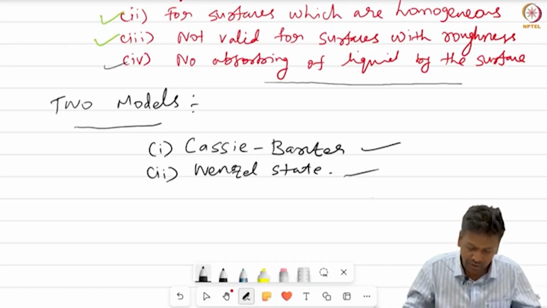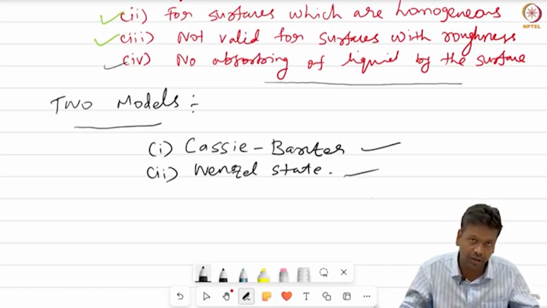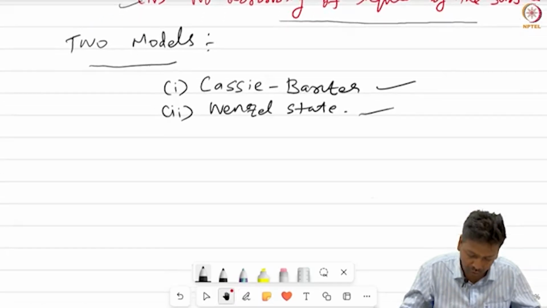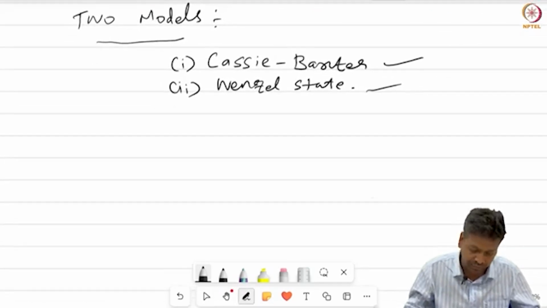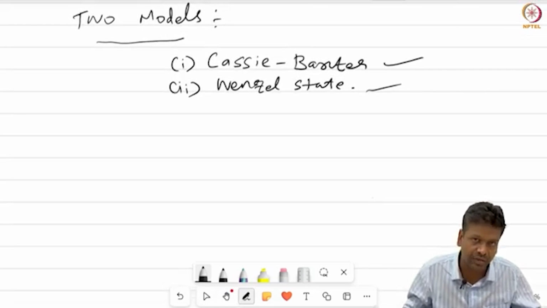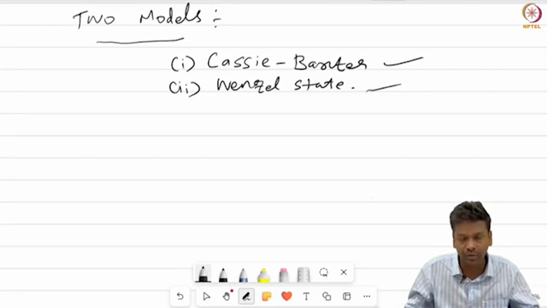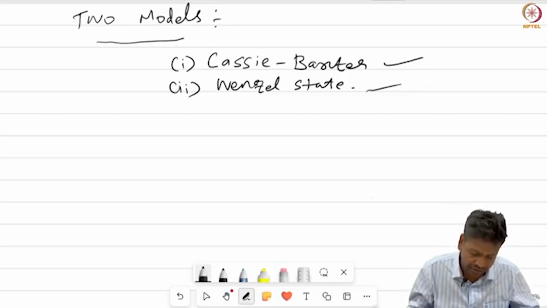The Cassie-Baxter model comes from Cassie's law itself. What this law says is that whenever you have a surface which is porous in nature, let's say I draw a schematic.